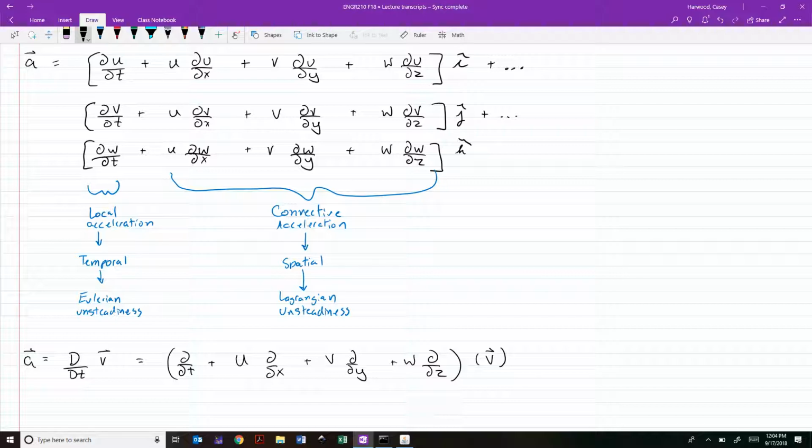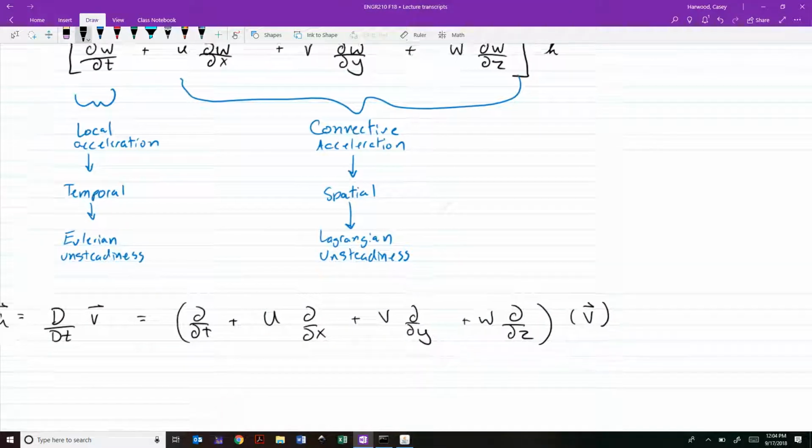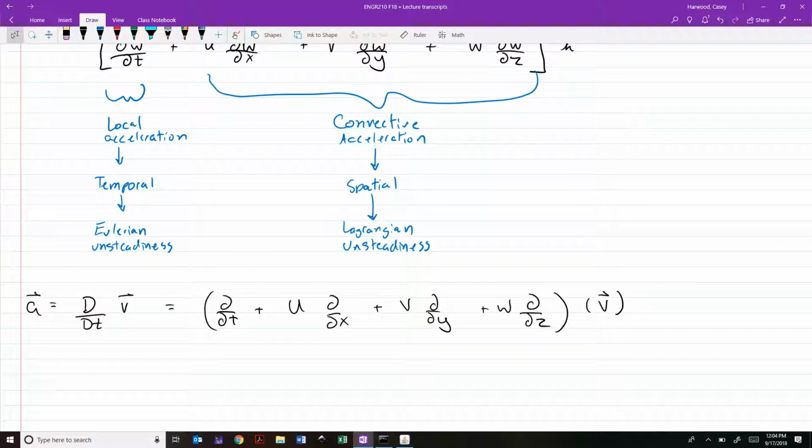What we've done here is treat these derivatives as operators. We treat them sort of like variables, but instead of multiplying, they operate on whatever they get multiplied with. So, the time rate of change, the convection through the x rate of change, convection through the y rate of change, convection through the z rate of change, all times the velocities x, y, and z. This expression right here is what we call the material derivative.